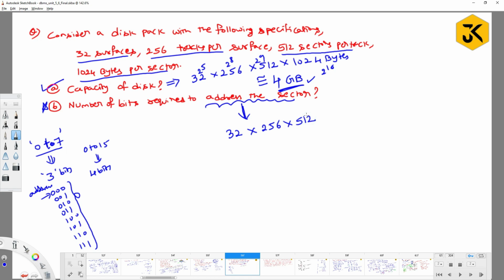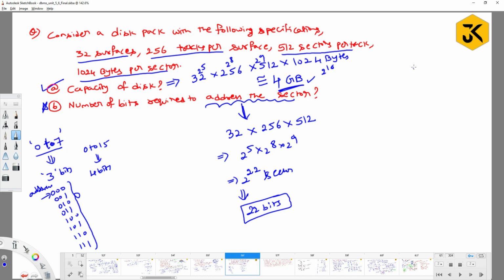So you can get the total number of sectors: 2 power 5 into 2 power 8 into 2 power 9, which is equal to 2 power 22 sectors. So how many bits are required? 22 bits are required in order to find the address of every sector, to identify every sector uniquely.